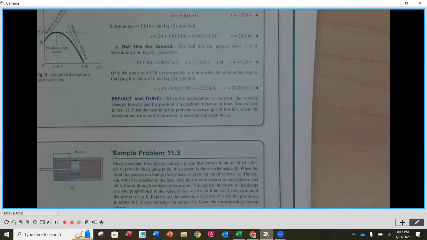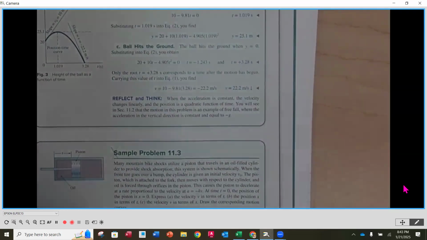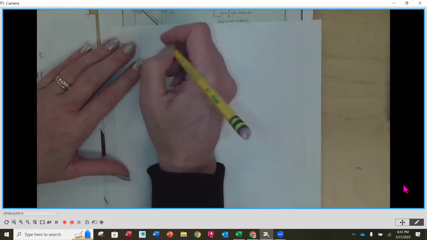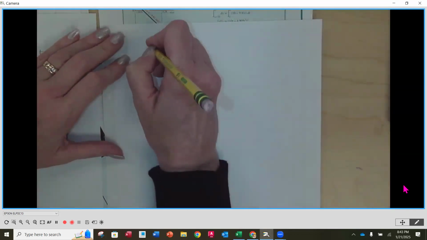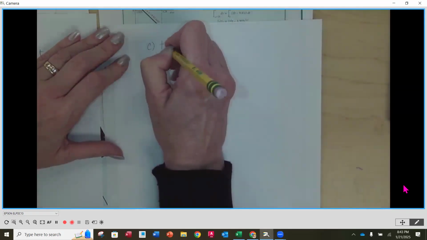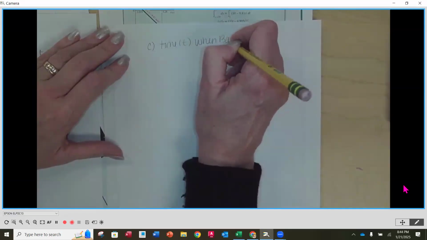So, okay, we're having this one here. So the time that it hits the ground, and this is going to be time t when the ball hits the ground.